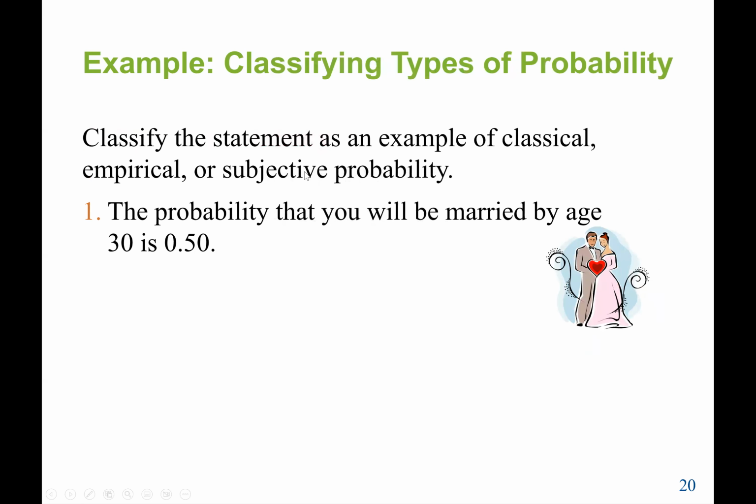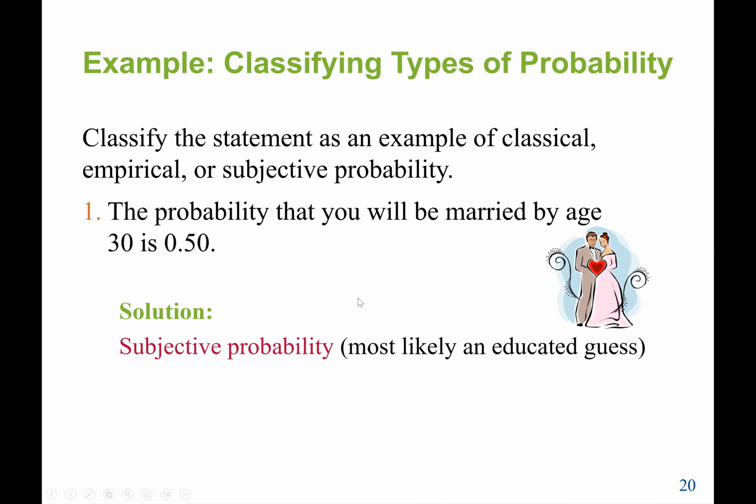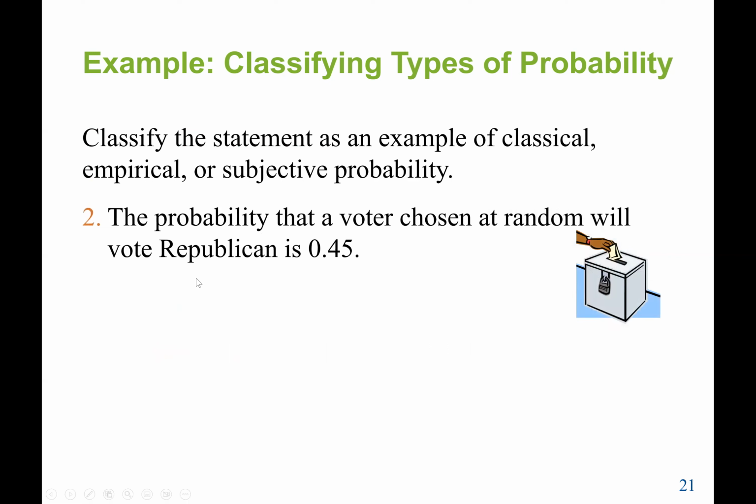So next, let's classify each statement as an example of classical, empirical, or subjective probability. The first is: the probability that you'll be married by age 30 is 0.50. Well, it depends, but based on this question, we may say this is a subjective probability, most likely an educated guess. The next: the probability that a voter chosen at random will vote Republican is 0.45.